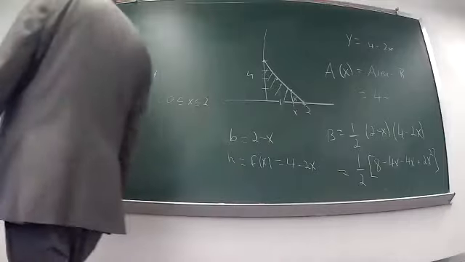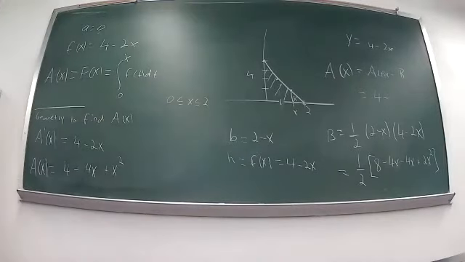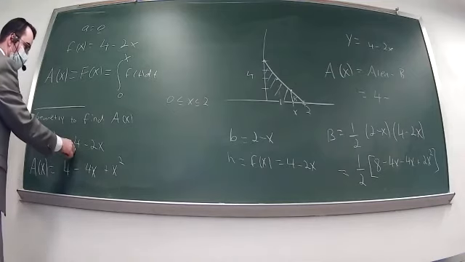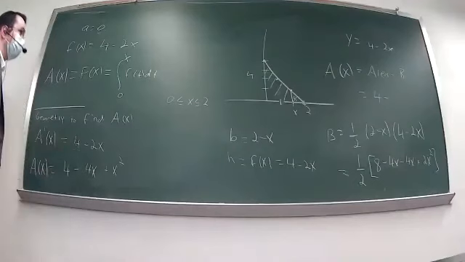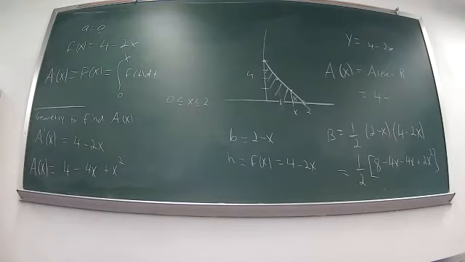When x is equal to 2, the area is equal to 4, which works out. But when I take the derivative of this, I get negative 4 plus 2x instead of 4 minus 2x. So that looks a little bit incorrect. So what's going on?